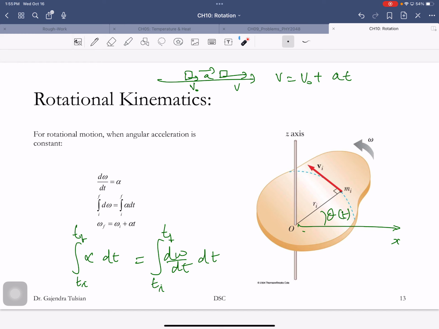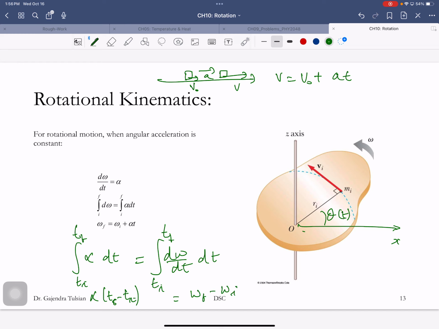When alpha is constant, this comes out as alpha times t final minus t initial. Using the fundamental theorem of calculus, the integration is the antiderivative, so this will be omega final minus omega initial.